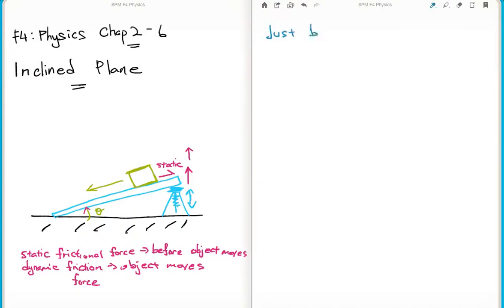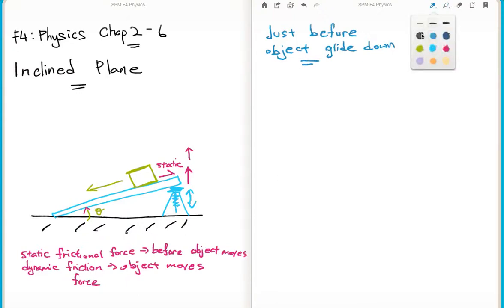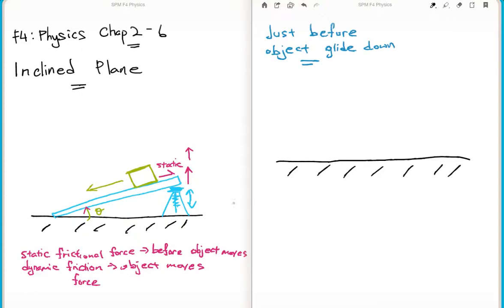Maybe I'm going to redraw that in a bigger diagram. Instead of drawing that diagram, I'm going to draw a triangle. Just before the object glides down, this angle is relatively bigger.